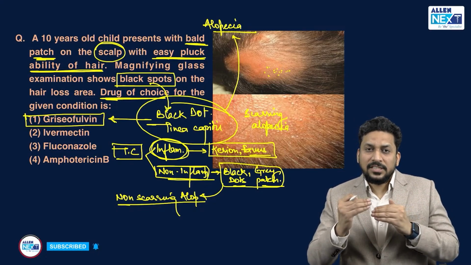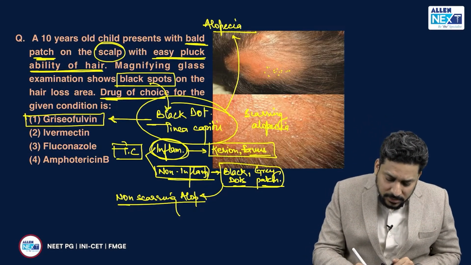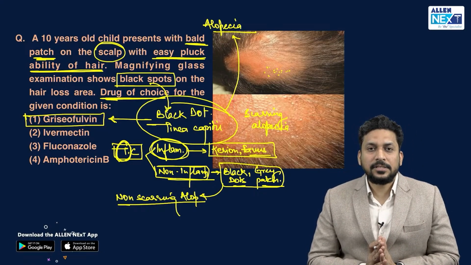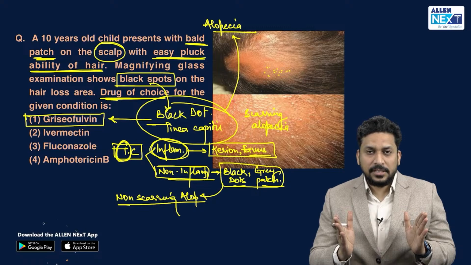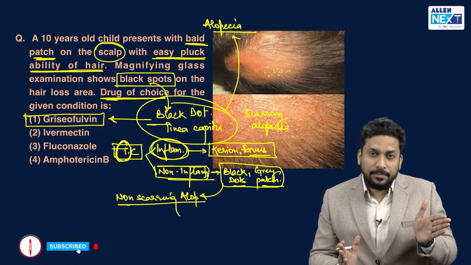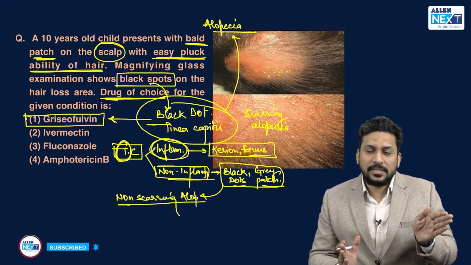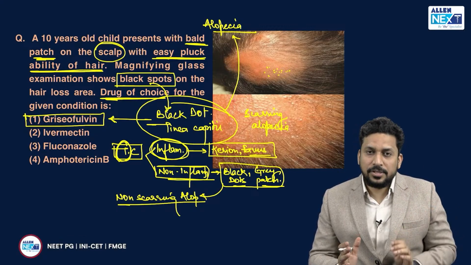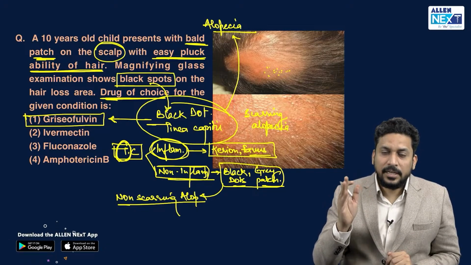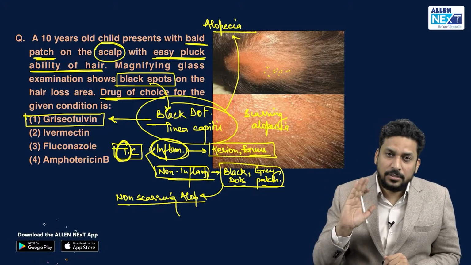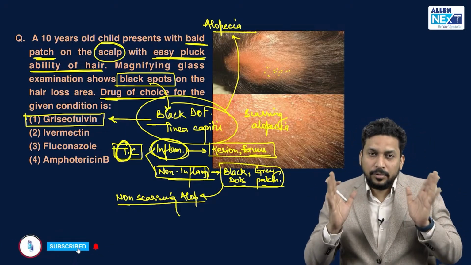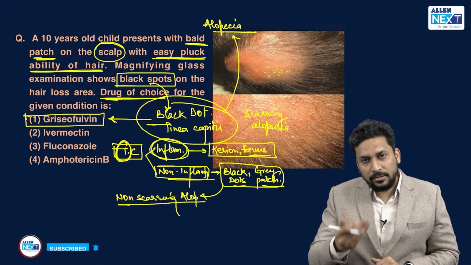I told you they generally start with A and T. So here also you can see tinea capitis is starting with T. But remember that in tinea capitis, both the types of alopecia can be seen. If there is inflammation, it will cause inflammatory type, that is kerion and favus, and they can lead to scarring alopecia. When there is no inflammation, that is black dot and gray patch type, there will be no scarring. So non-scarring and scarring both can be seen in tinea capitis depending on the type.